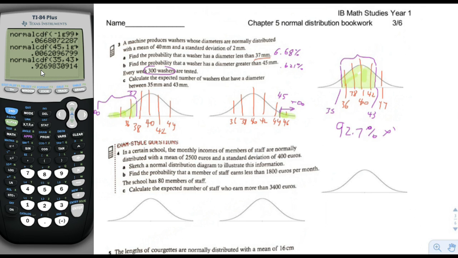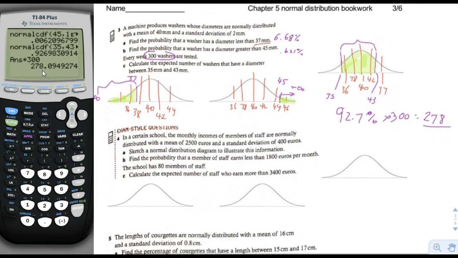All we need to do is multiply 92.7% times the total number of washers. And to do that, it's almost easier just to keep the decimal instead of making it into a percentage. So we're going to multiply that times 300, and we're going to get a number that's very close to 300. We're going to get a number 278. And we're just going to round that to the nearest whole number, 278. So we'll say the answer for C is going to be 278.